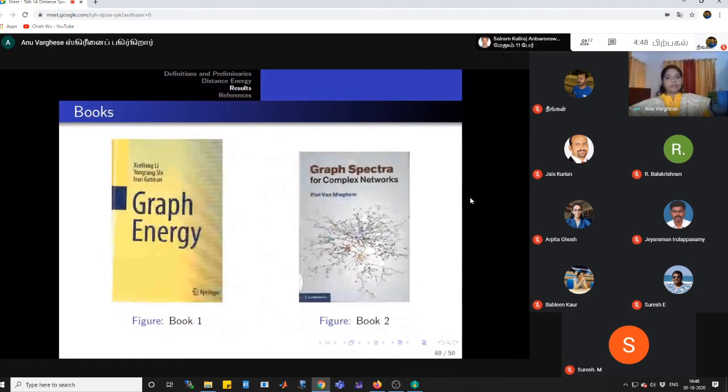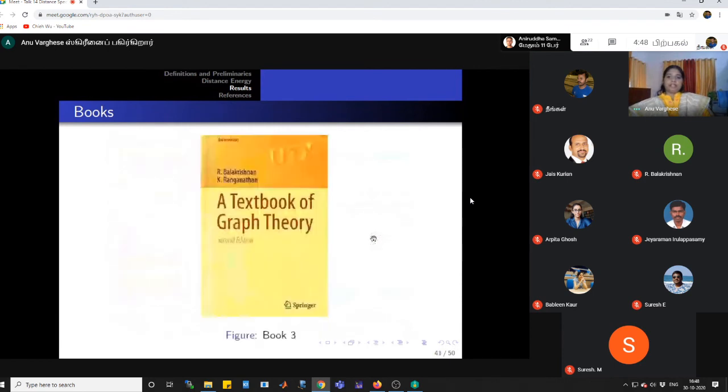These are some books on graph spectra. This is a book by Xueliang Li, Yongtang Shi, and Ivan Gutman on graph energy. This is a book on graph spectra. This is a book for graph theory by Dr. Balakrishnan and Ranganathan.